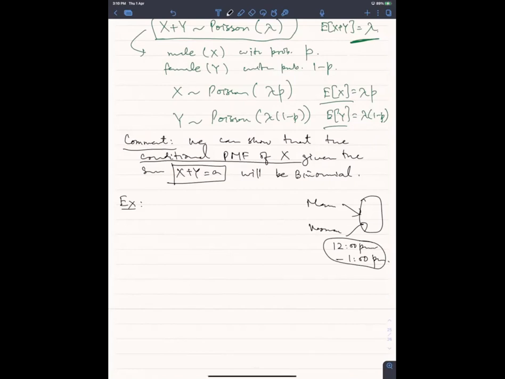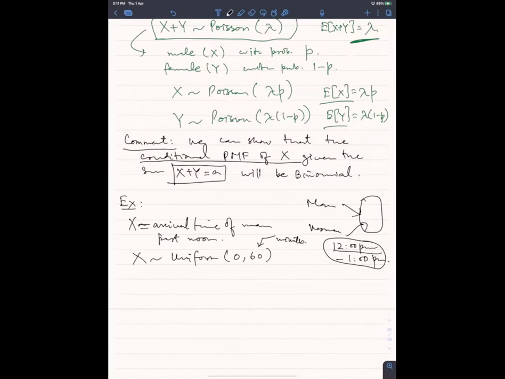okay, so let's say x is the arrival time of man past noon, okay, so x is uniform 0 to 60, ठीक है, ये minutes में 60 minutes.